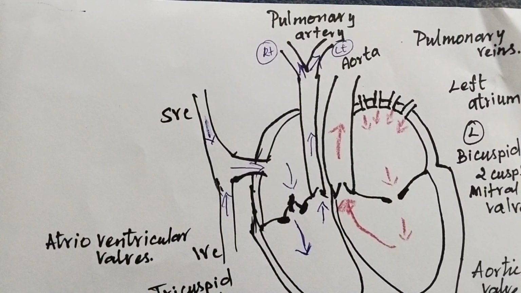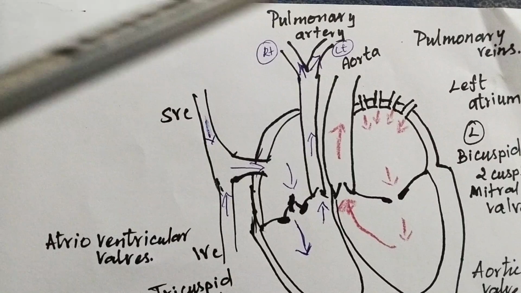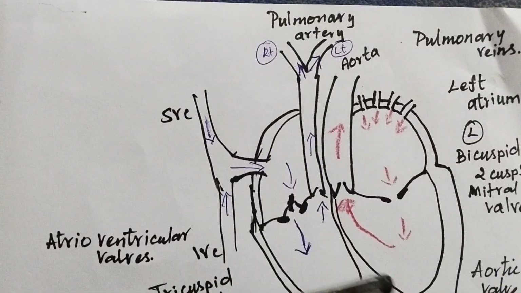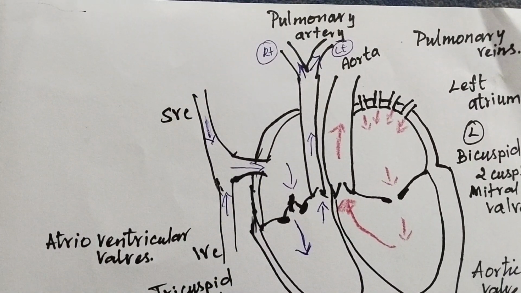The right and left sides of the heart are divided by the septum. The heart is made up of three layers of tissue: endocardium, the innermost layer; myocardium, the middle layer or the heart muscle; and pericardium, the outer layer.